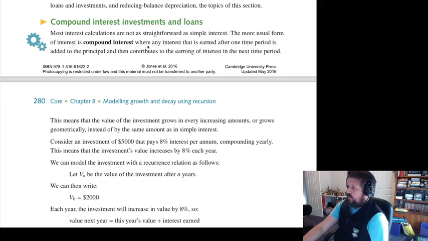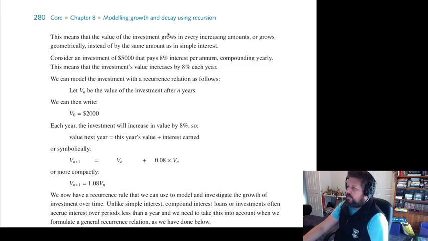Basically, compounding interest is where any interest that is earned after one period of time is added to the principal and then contributes to the interest in the next period. This means that the value of the investment grows in ever increasing amounts, or grows geometrically, instead of by the same amount as in simple interest.